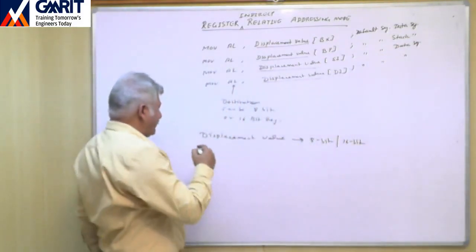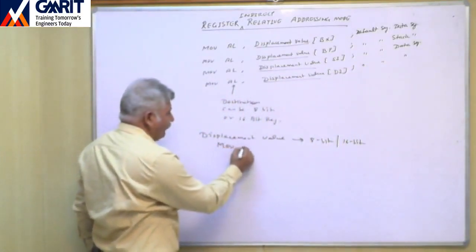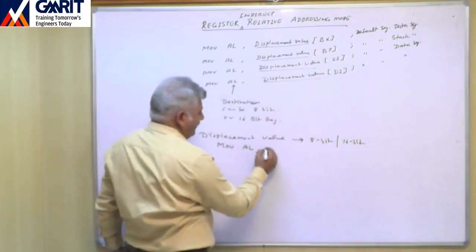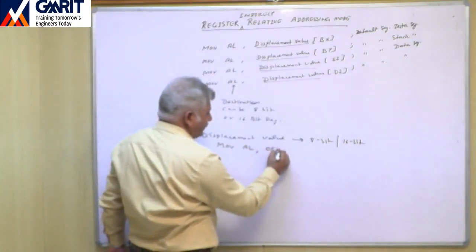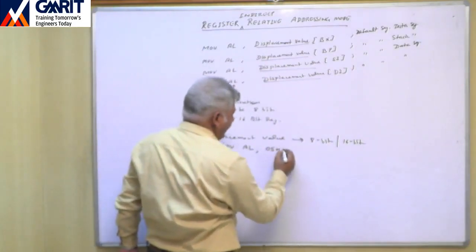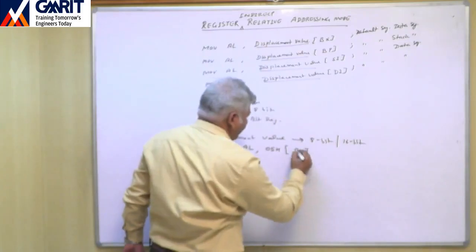So now we will take one example. Suppose this is the instruction: MOV AL, comma, 05H, within bracket BX, right? This is our displacement value 05H.